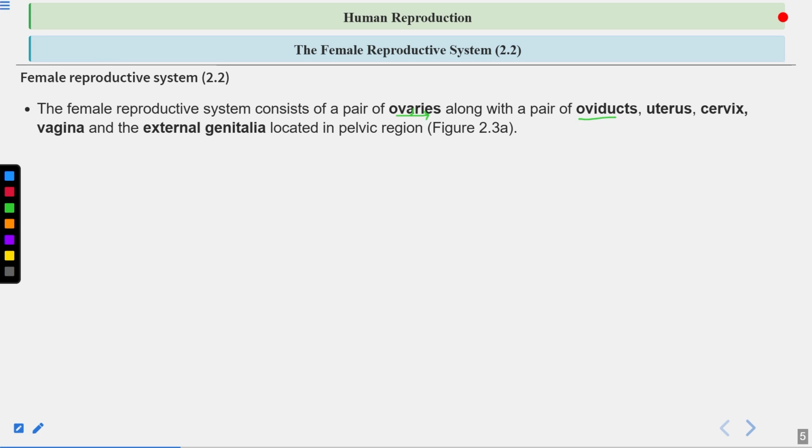So the female reproductive system consists of ovaries, oviducts, uterus, cervix, vagina, and external genitalia, and all of these parts are located in the pelvic region.